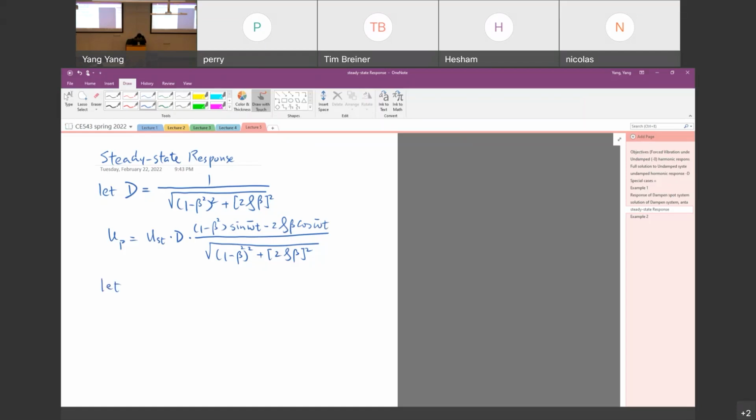So I would like to simplify this. Have the cosine theta equal to, sine theta equal to.